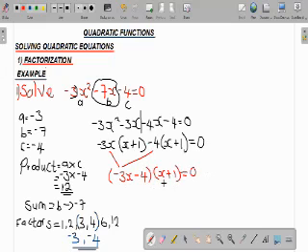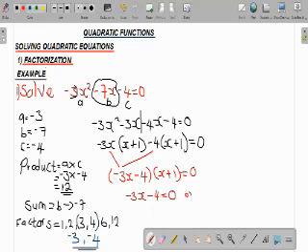But now, since it's a quadratic equation, they have said solve. So we are supposed to find the values of x. How do we find the values of x? We are going to split this into 2. We say negative 3x minus 4 is equal to 0, that's 1.